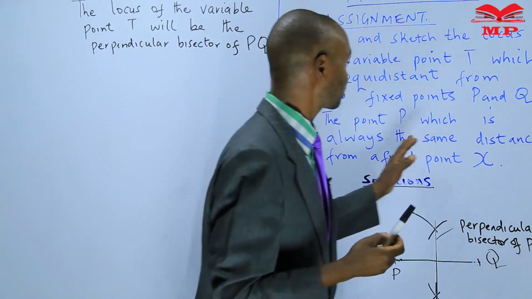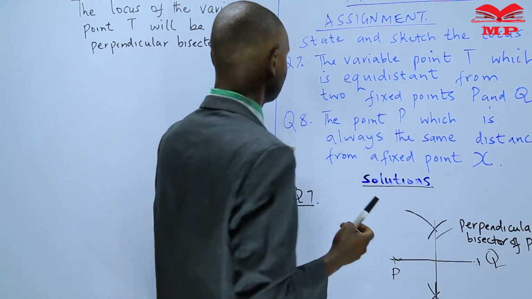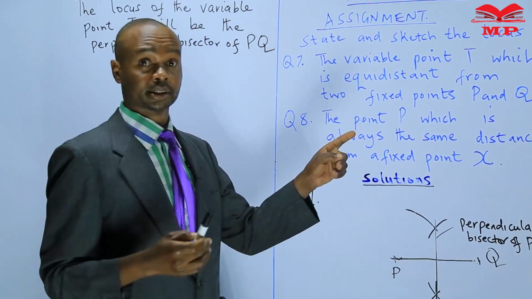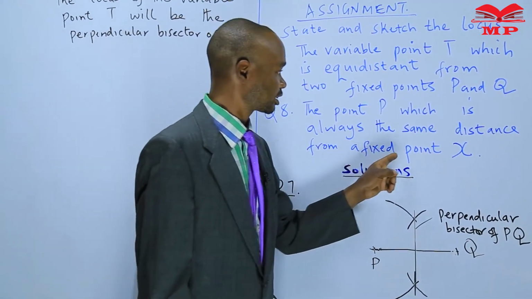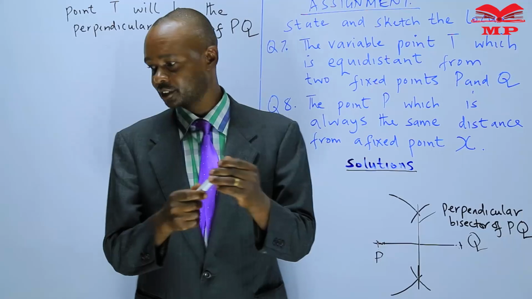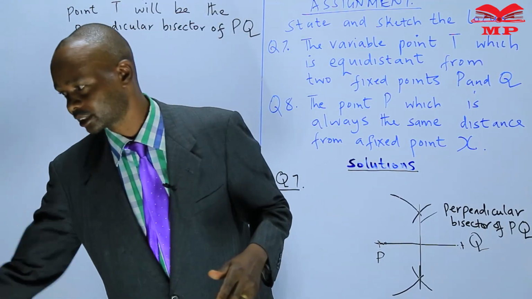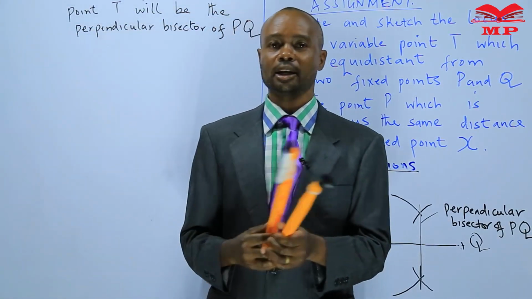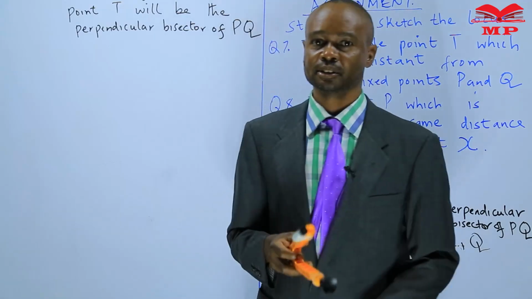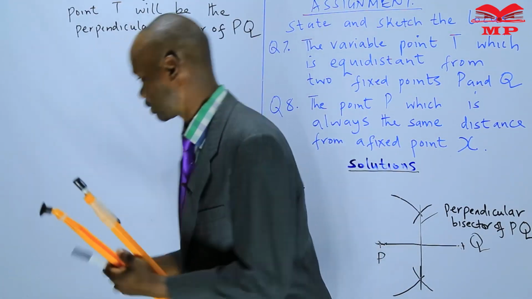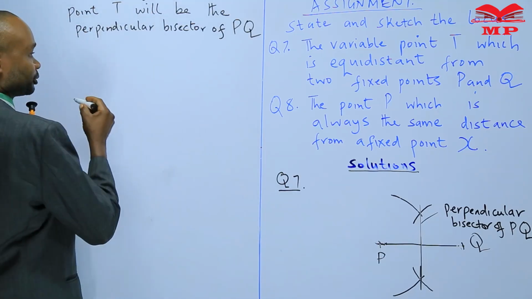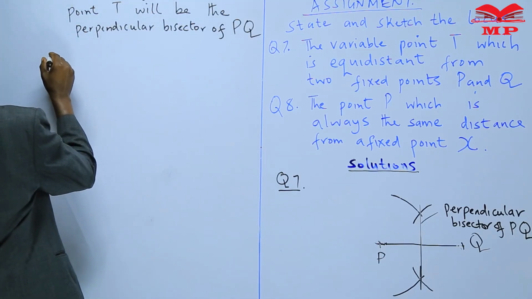We'll move to the second question. A point P which is always the same distance from a fixed point X. To start that, I'll need a pair of compasses. So we go to the solution of question 8.